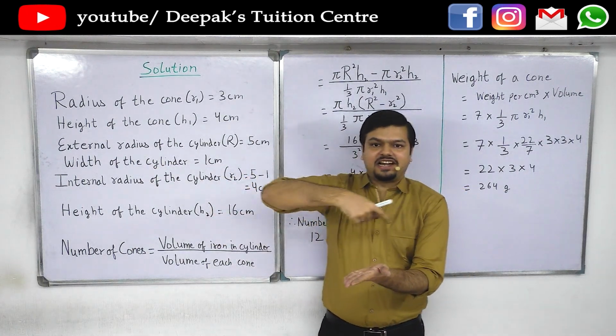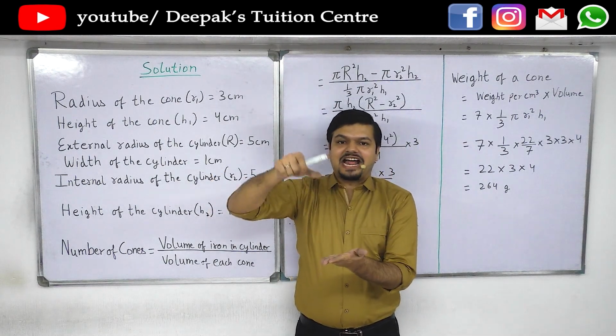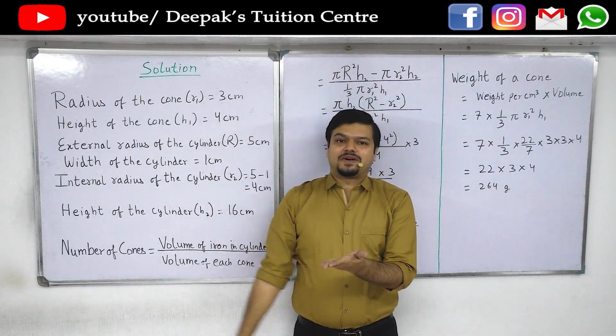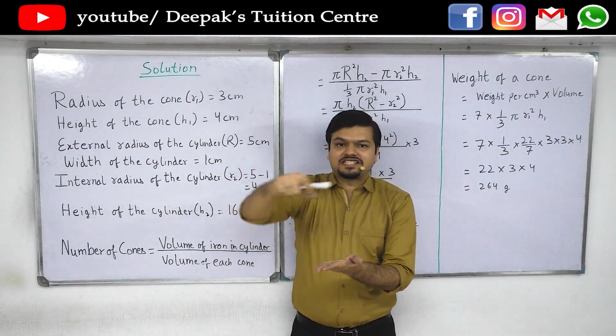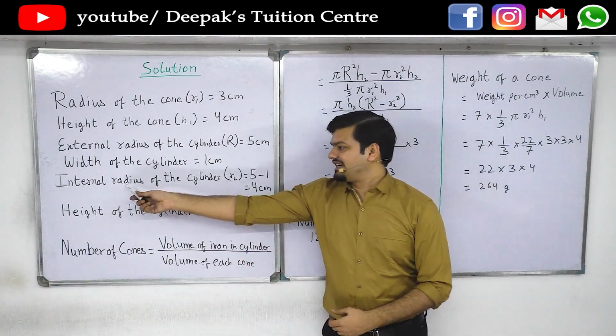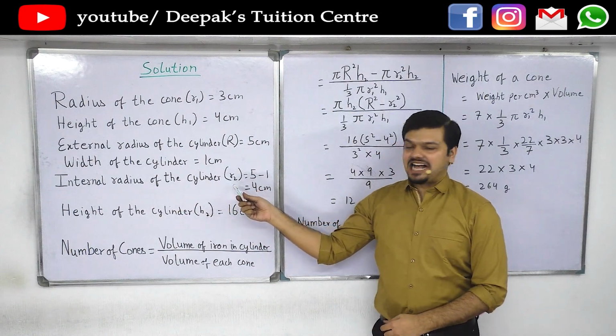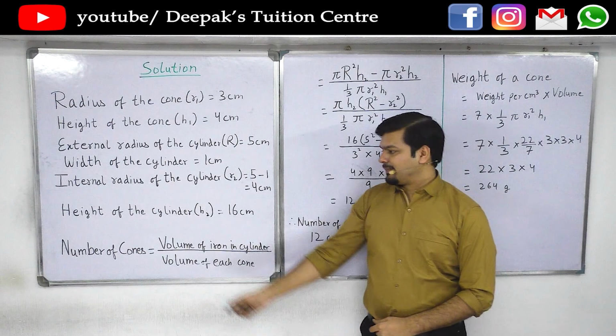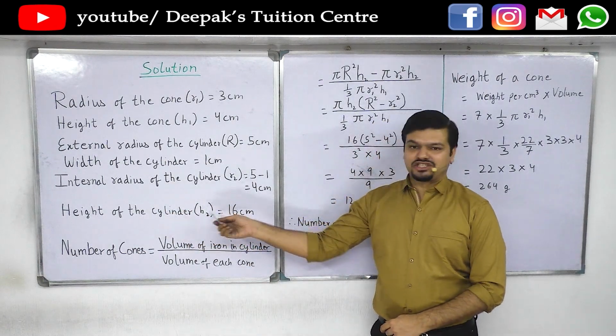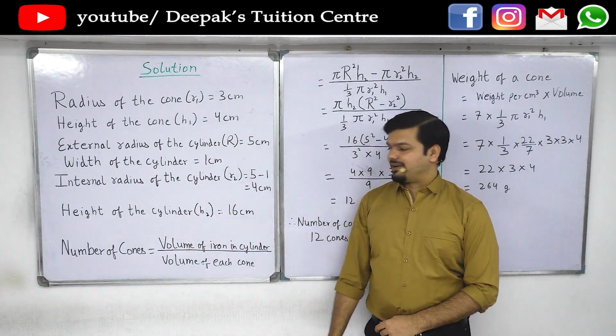Since the external radius is 5 centimeter and the thickness, that is width, is 1 centimeter, therefore internal radius will be external radius minus width. So internal radius of the cylinder, that is R2, is equals to 5 minus 1, that is 4 centimeter. And height of the cylinder H2 is equals to 16 centimeter.